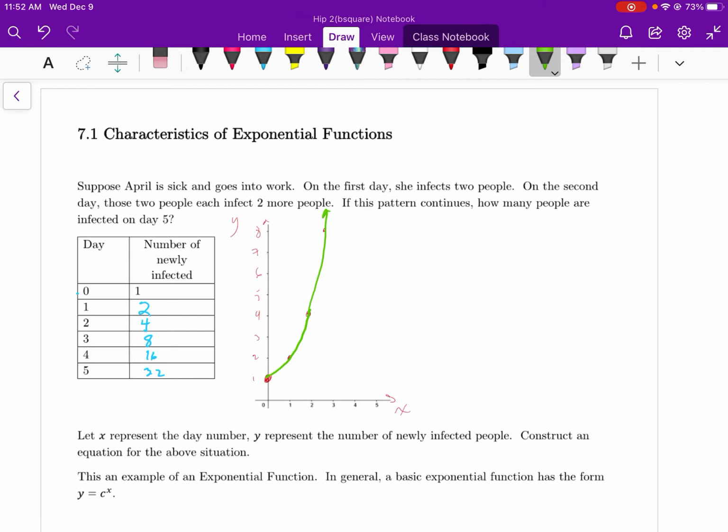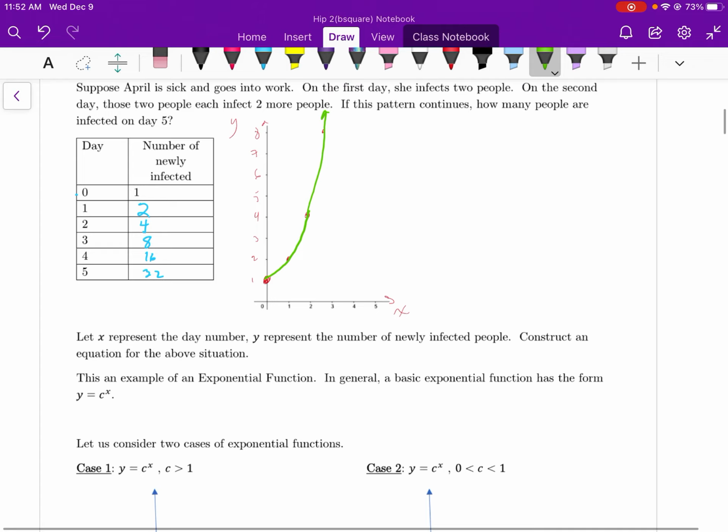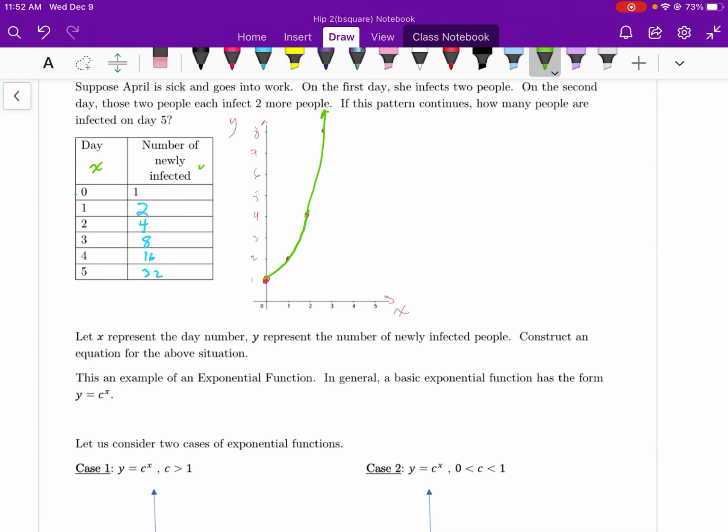It is a curve. And it's not quite a parabola, but it definitely has that curving element to it, especially for exponential growth. So let's move on. Let x represent the day number, and y represent the number of newly infected people, so x and y, like we did for the graph.